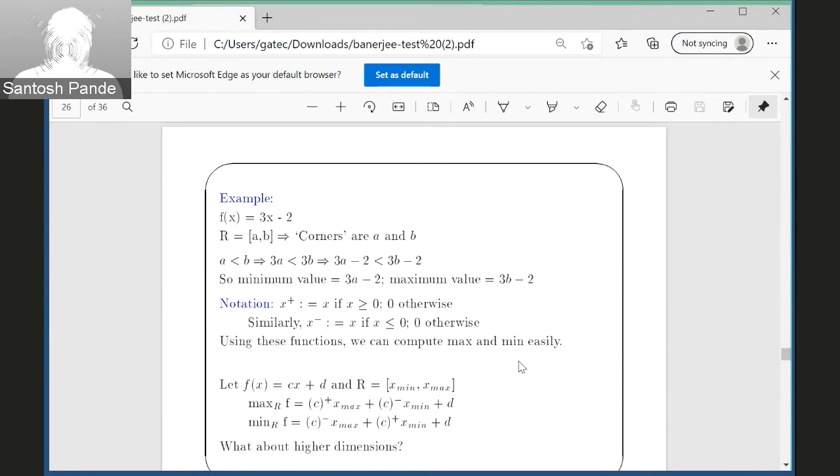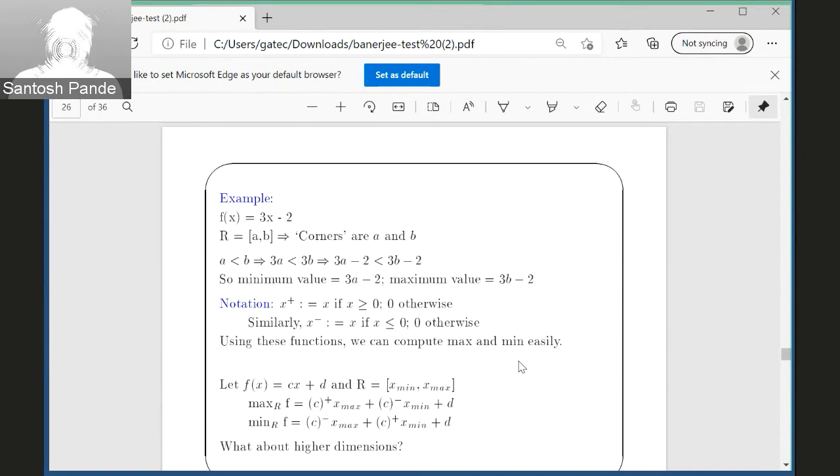So if a is less than b, then you can see here that the minimum and maximum values pan out to be 3a minus 2 is less than 3b minus 2.